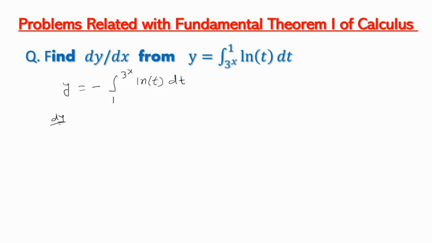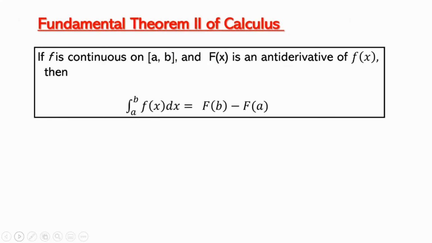So dy/dx is equal to minus ln of 3 to the power x times the derivative of 3 to the power x. So this is equal to minus x, and the derivative of 3 to the power x is 3 to the power x ln 3.